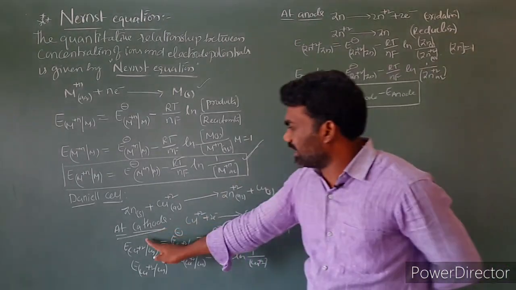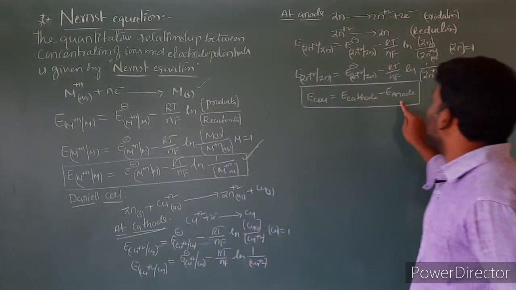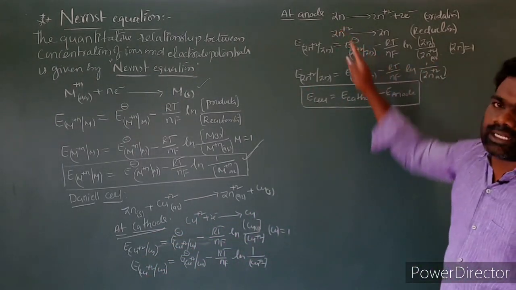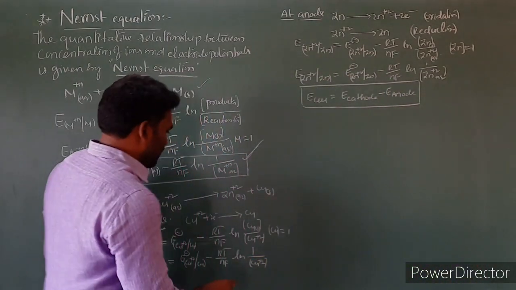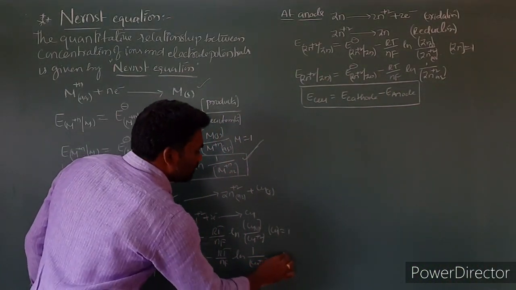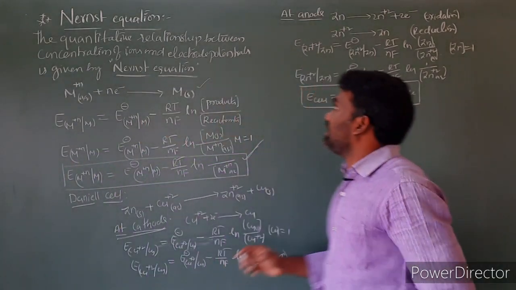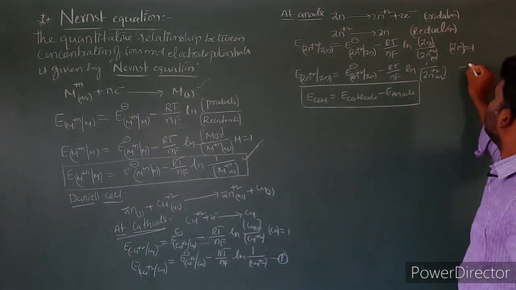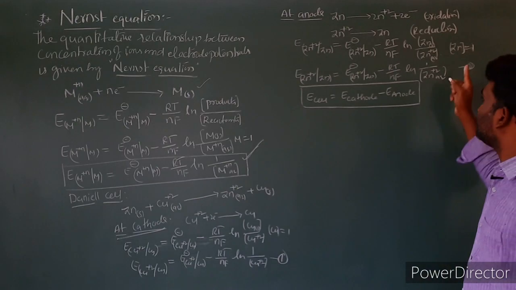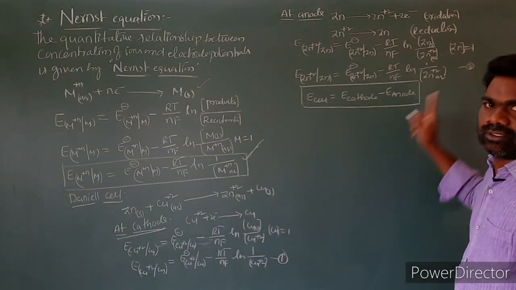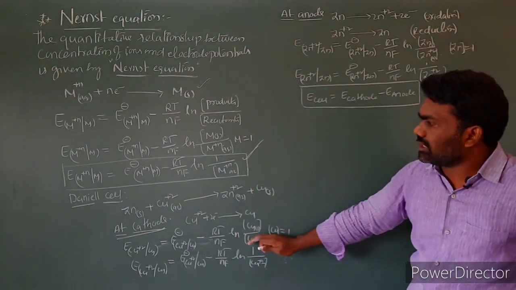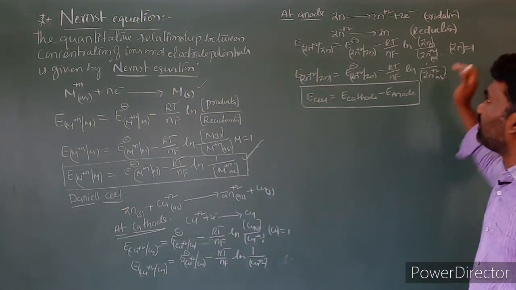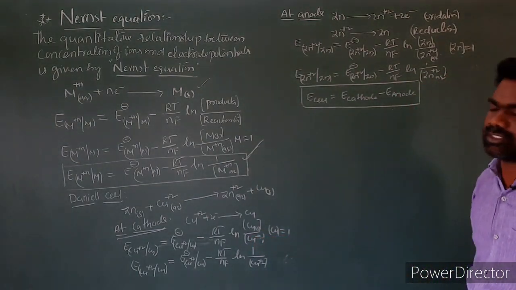Here is the cathode reaction and here is the anode reaction. Let me call this equation 1 and this equation 2, for understanding. We substitute the first and second equations in the third equation.